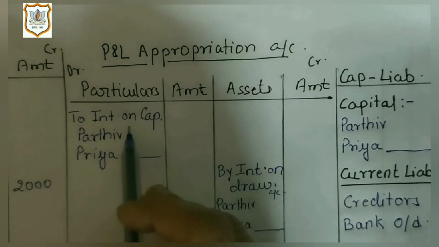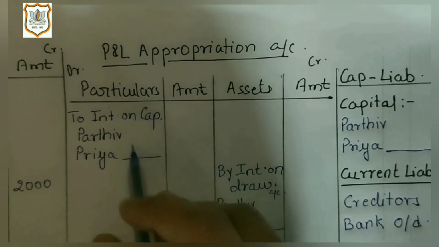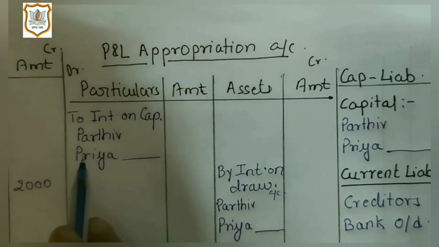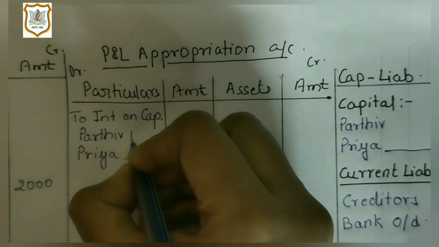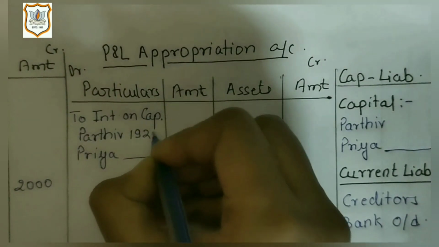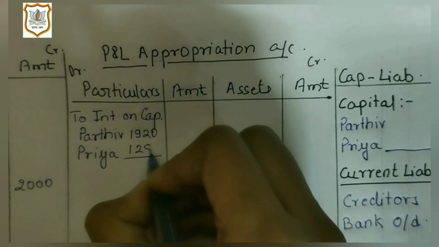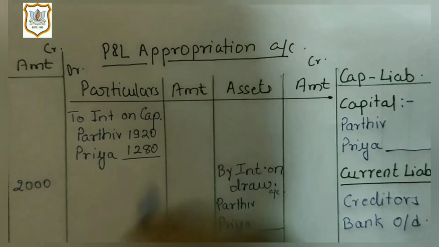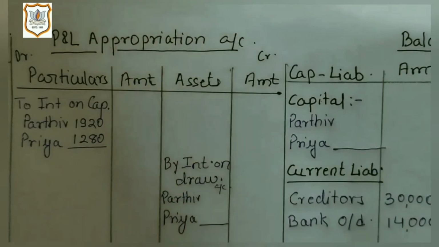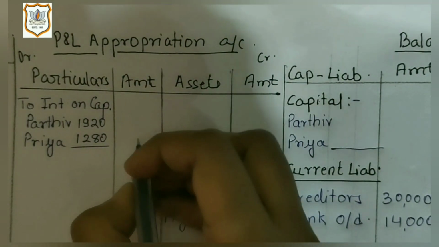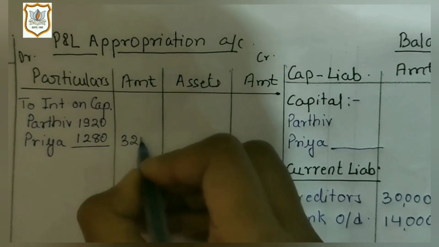So, interest on capital, we are writing it on debit side of P&L appro account, 1920 for Parthiv and 1280 of Priya. Now write total of both of these, that is 3200, in outer column.